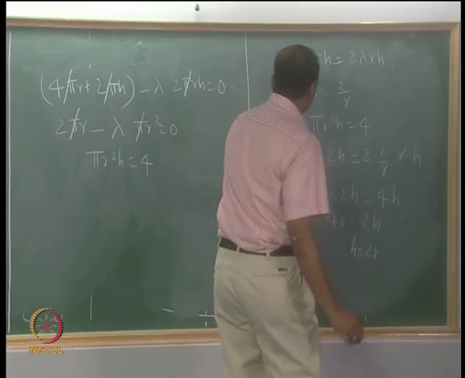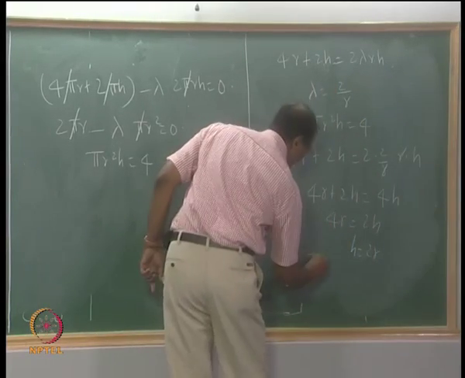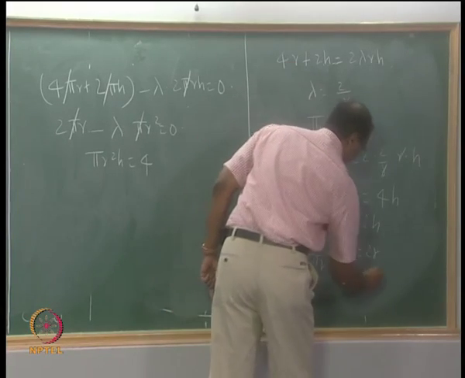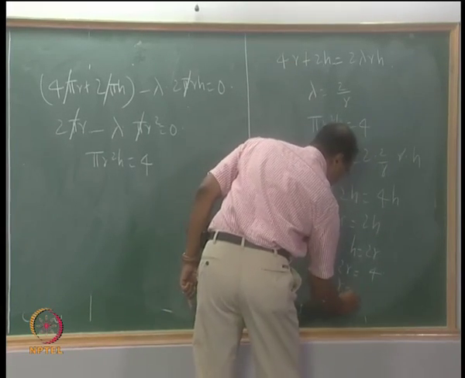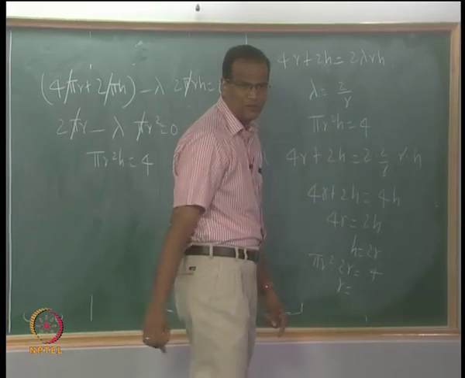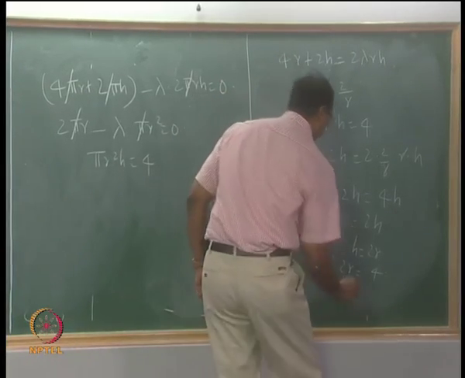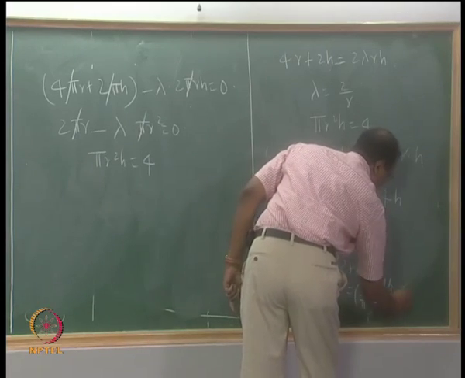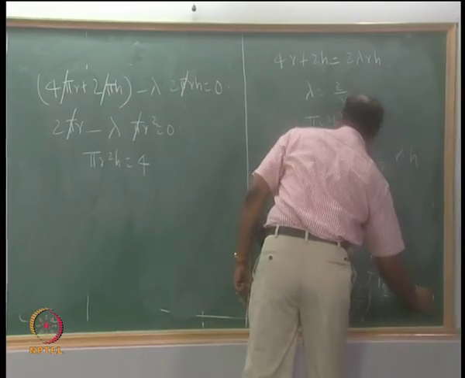We are almost there. H equal to 2r. Then r is equal to, so not bad at all. 0.86 meters. I know the answer.